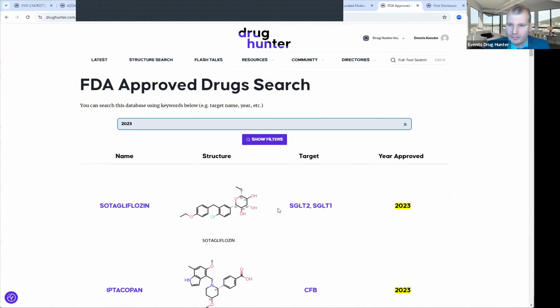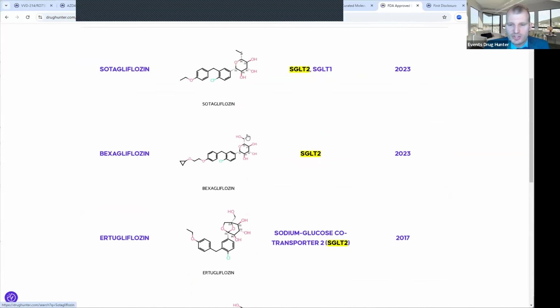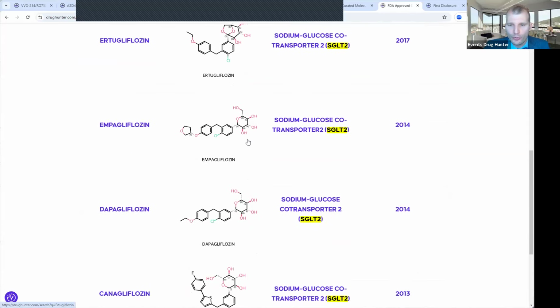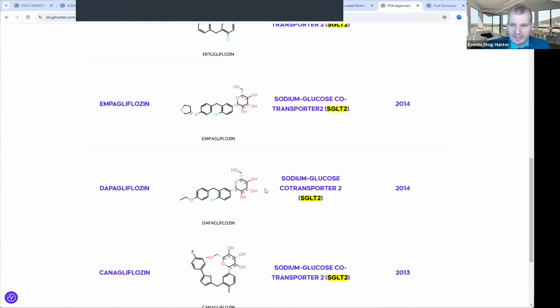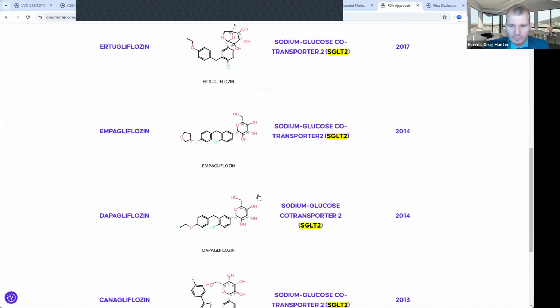And then if you have a target in mind, let's say you're interested in SGLT2 inhibitors here, you can also type that in and see what types of SGLT2 inhibitors were approved over the years. And what you will see is shocking, actually. So here, those SGLT2 inhibitors are oftentimes aryl C glycosides. So, you have dapagliflozin here.